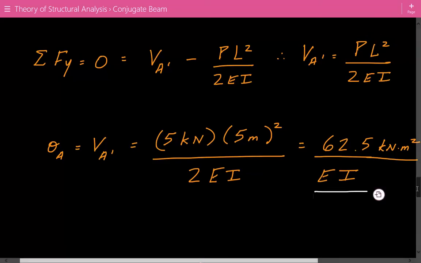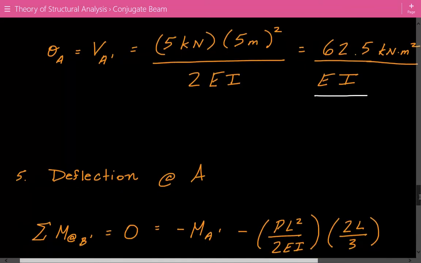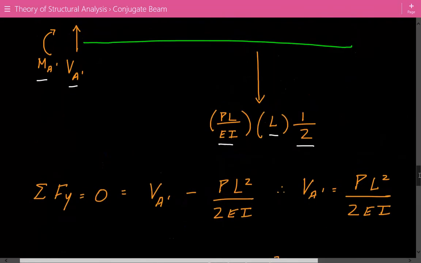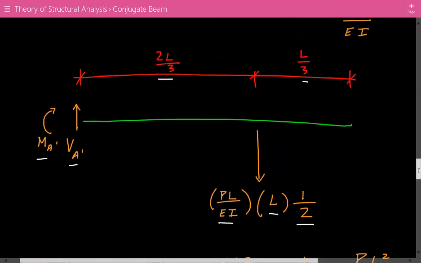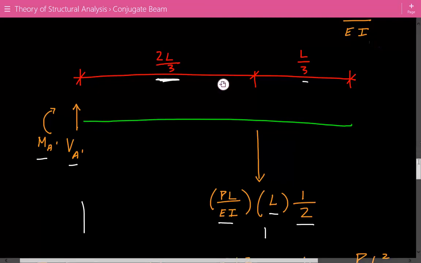Now we're going to calculate the displacement or deflection at A. To calculate the deflection, we have to get the conjugate bending moment at that location. So let's go back to our figure. The moment arm of this conjugate load is equal to 2L over 3, and this load is equal to PL squared over 2EI.